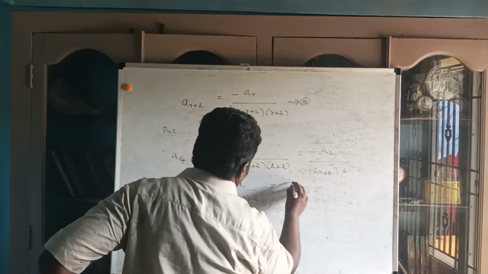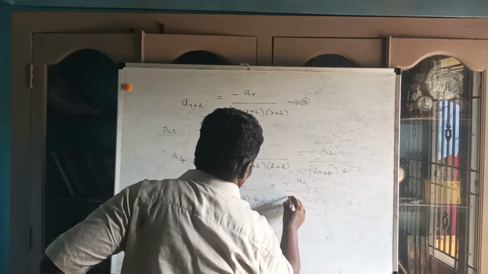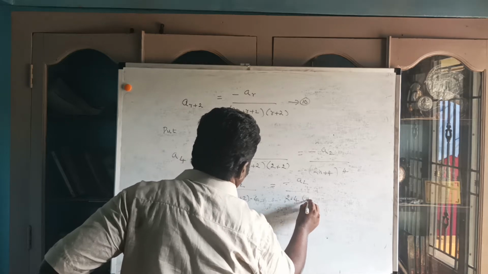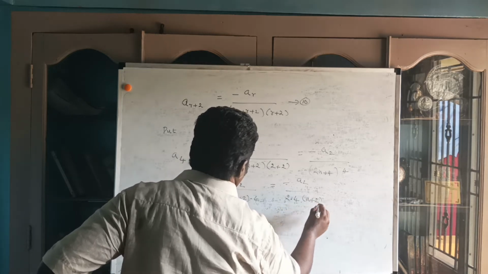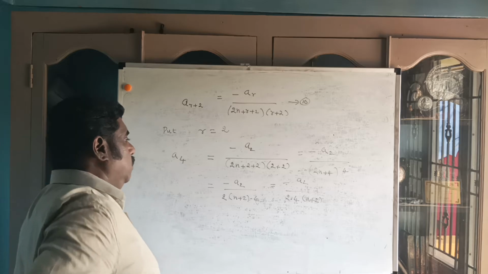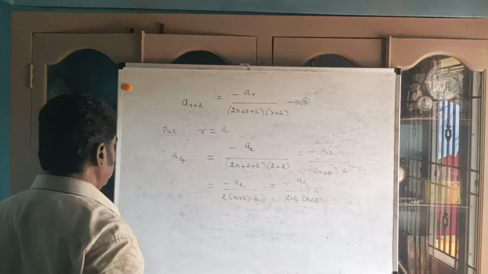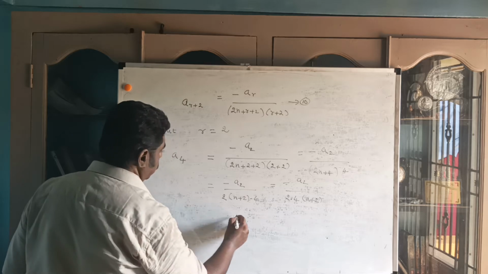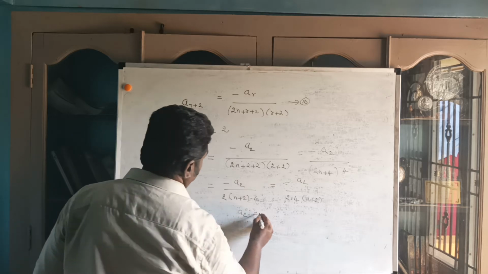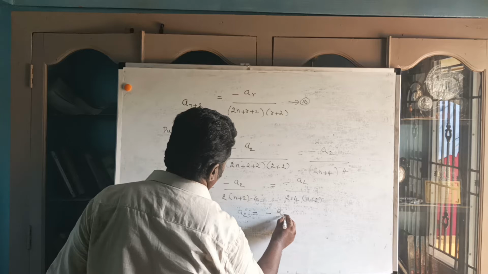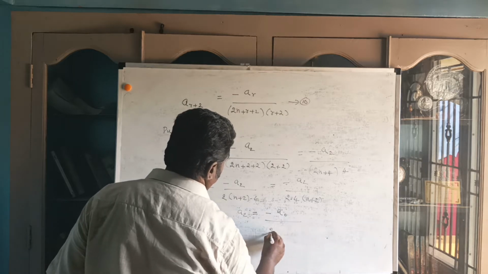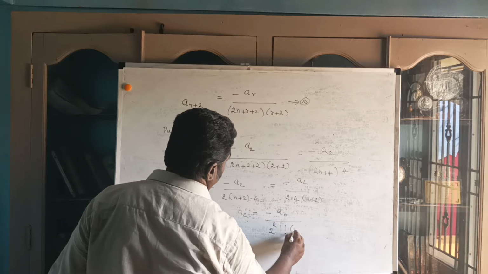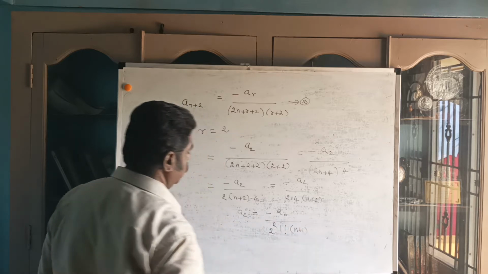This is equal to minus A2 divided by 2 dot 4 into (n + 2). Now you have to substitute the value of A2. We know the value of A2: minus A0 divided by 2 square, 1 factorial, into (n + 1).